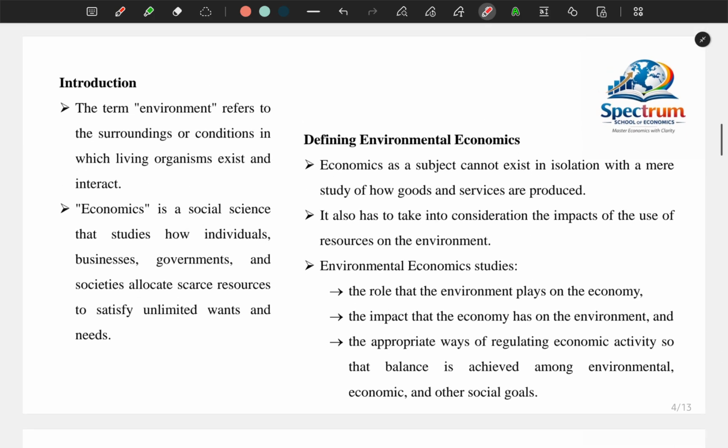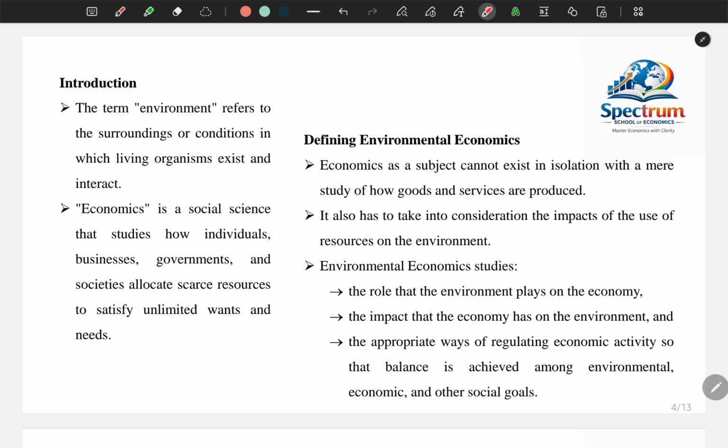Environment refers to the surrounding conditions in which living organisms exist and interact. We know that. Economics is a branch of social science, and it studies how individuals, businesses, governments and societies allocate scarce resources to satisfy unlimited wants and needs.